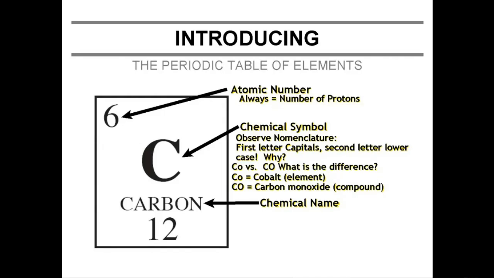Now, what is important about this one is that protons define which element it is. So if you have 6 protons in the nucleus, that is always going to be a carbon. There's no way around that. It's always going to be a carbon atom.